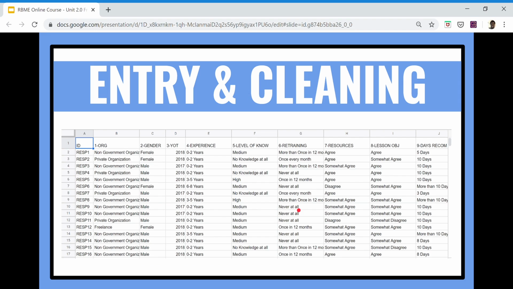So then you've gone to the field, you've collected the data, and then you need to enter it. We talked about recruiting enumerators for a large program.